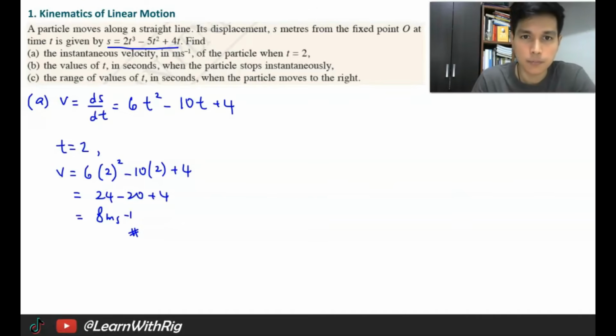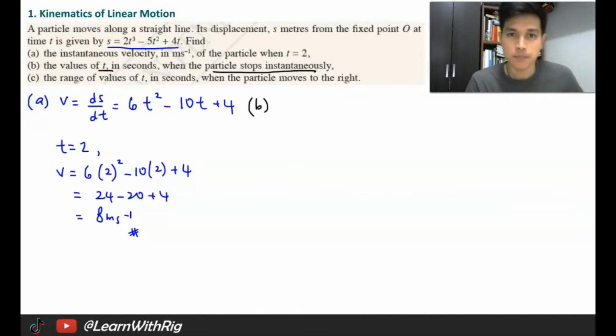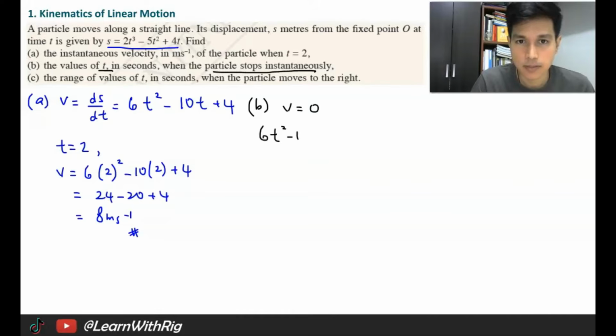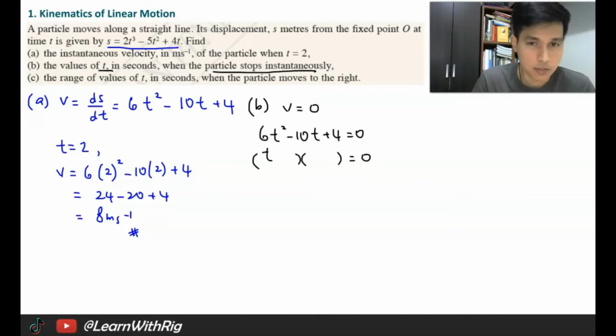Now question B. Find the value of t when the particle stops instantaneously. So same thing. When the particle stops, you know that velocity is equal to 0. So 6t squared minus 10t plus 4 is equal to 0. So you can straight away factorize this. You will get (t minus 1)(3t minus 2).